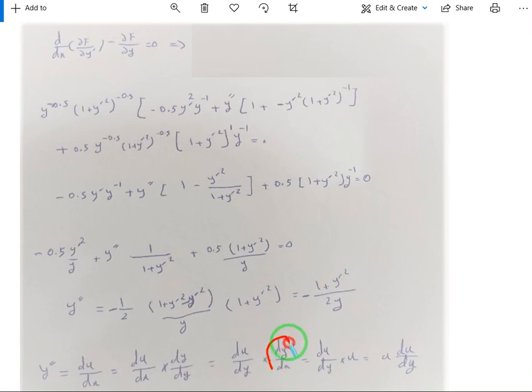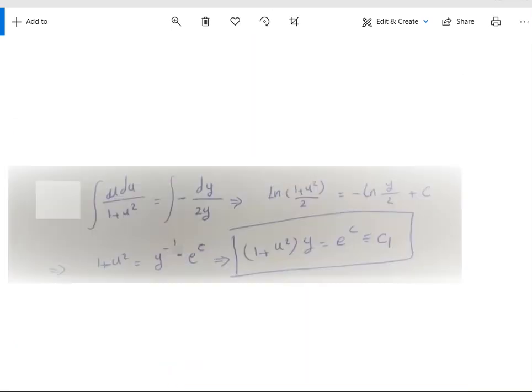This term is what we have defined before. This term is u, so we can say that y double dash is equal to u multiplied by the derivative of u with respect to y. If we use this simplification and substitute it in our formulation, we can do some integration.